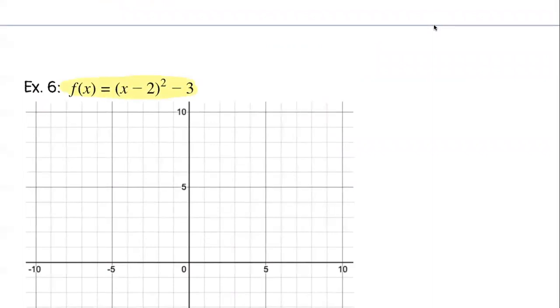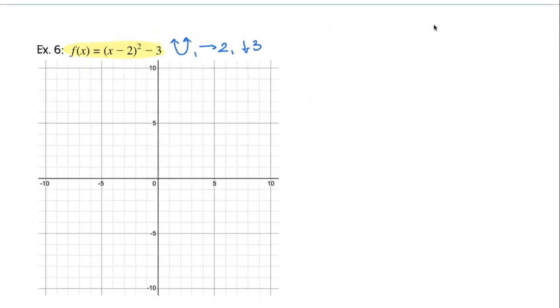And if we think about what we learned in the first unit about graph transformations, we should see that this is a parabola. The -2 means we move to the right 2, and the -3 means we move down 3. Okay. That allows us to sketch a graph pretty quickly. So we're going to go to the right 2, down 3.